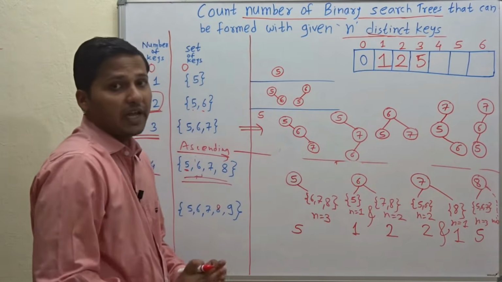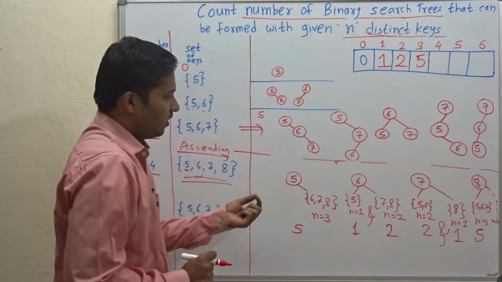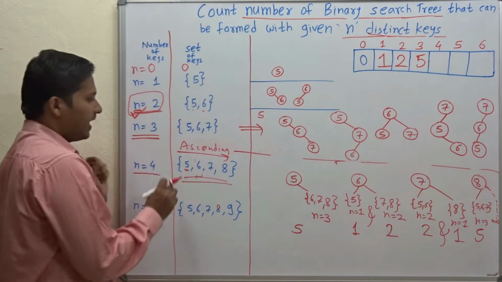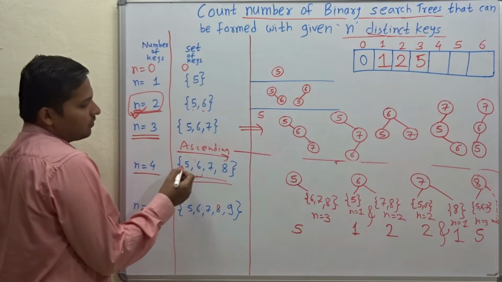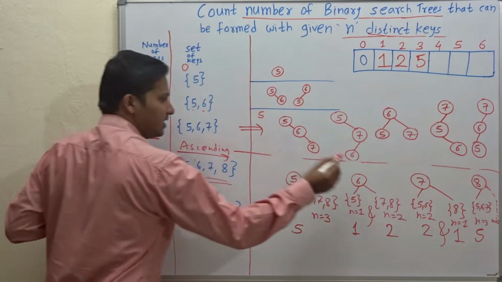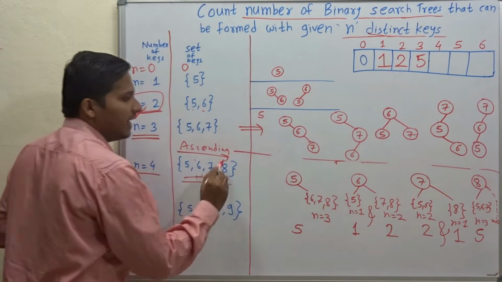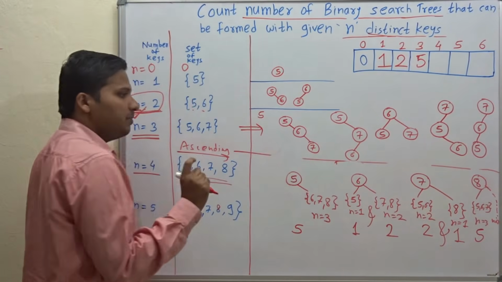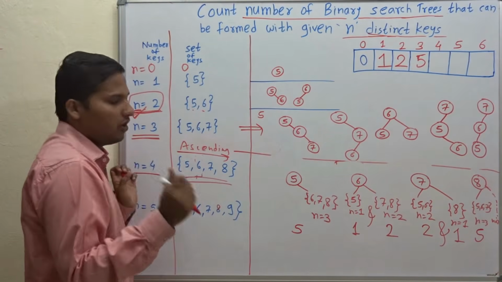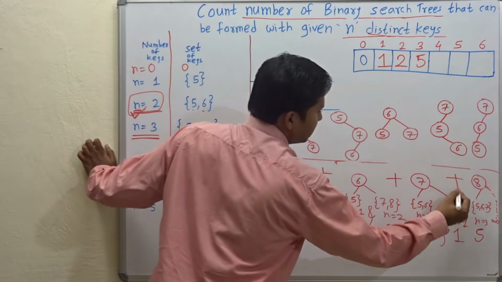Now we are going to derive the formula. So see, how do I do that? Now what we say is that suppose 5 is the root, or 6 is the root, or 7 is the root, or 8 is the root. So I am using the OR symbol, which means I have to add the possibilities.